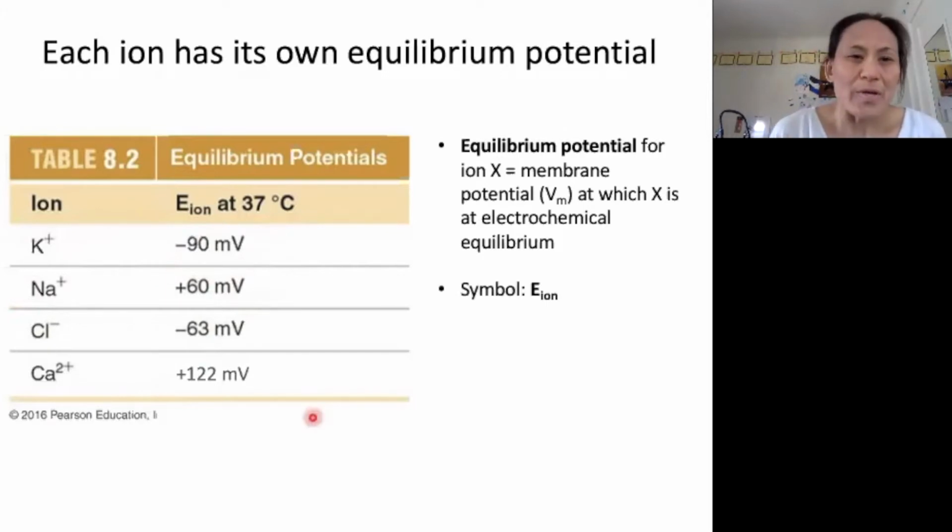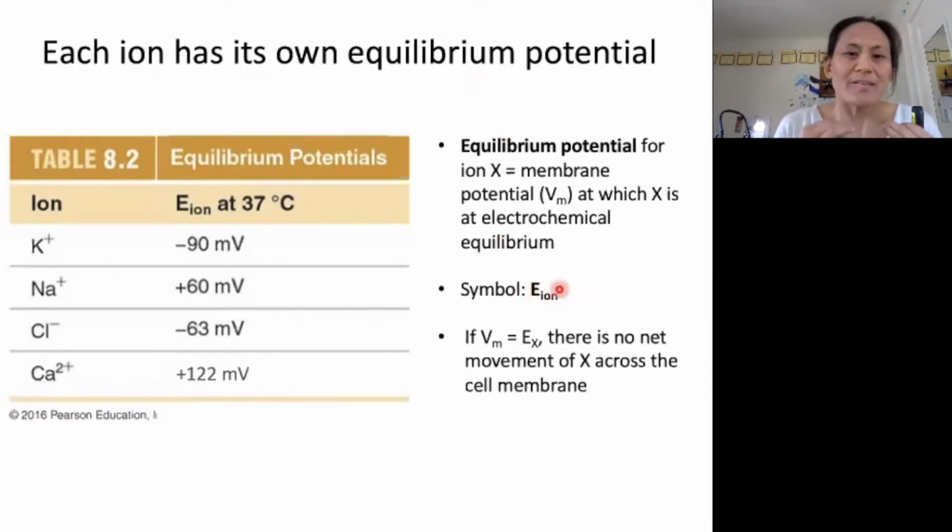We have a symbol that we use to denote equilibrium potential. It's this symbol right here, a capital E with a subscript ion. And just again, to address this concept of electrochemical equilibrium, basically, if the membrane potential is equal to the equilibrium potential for a particular ion, then there will not be net movement of that ion across the cell membrane.